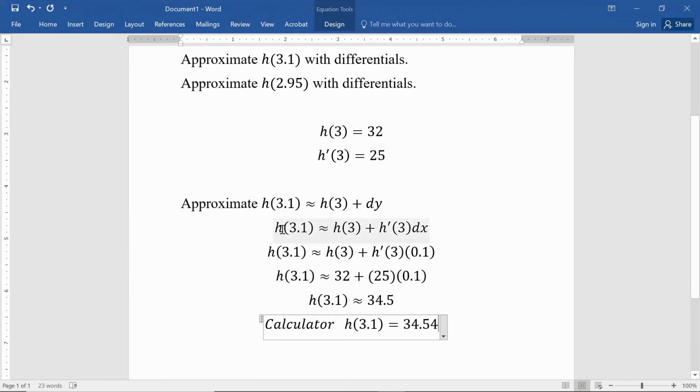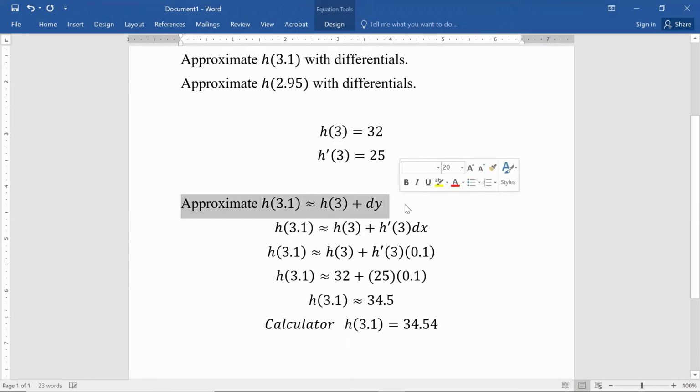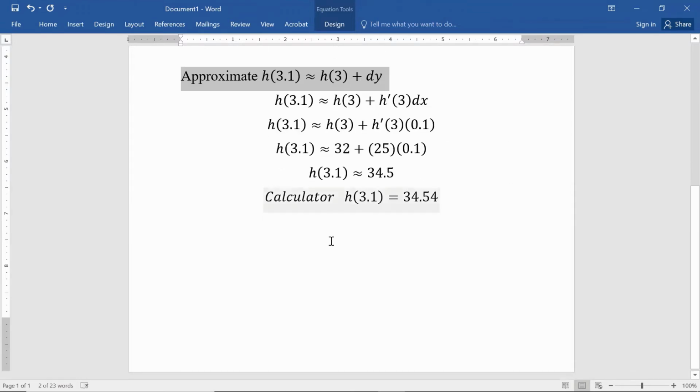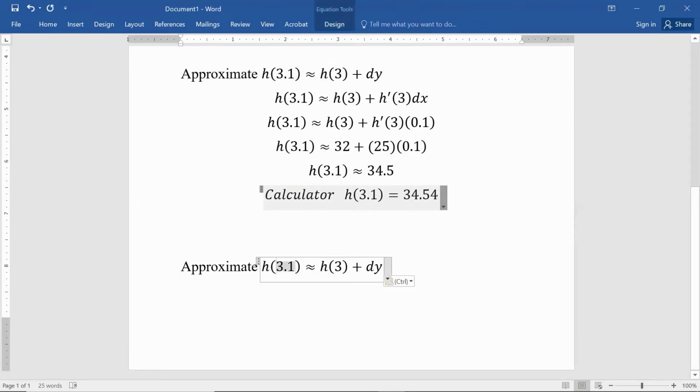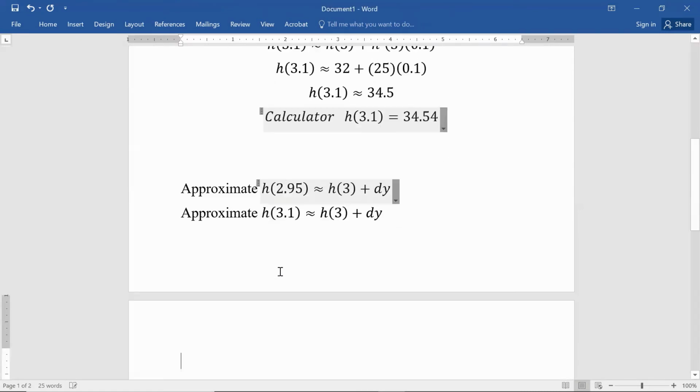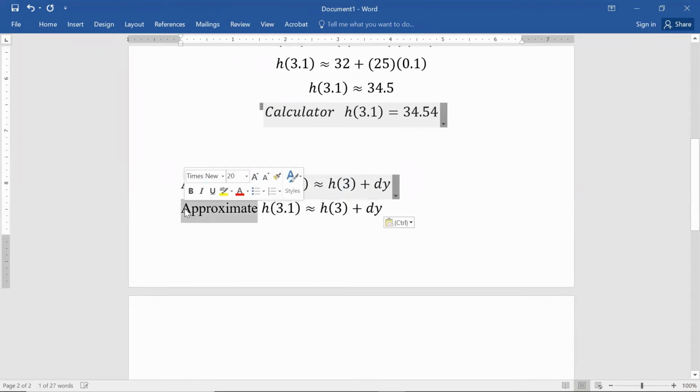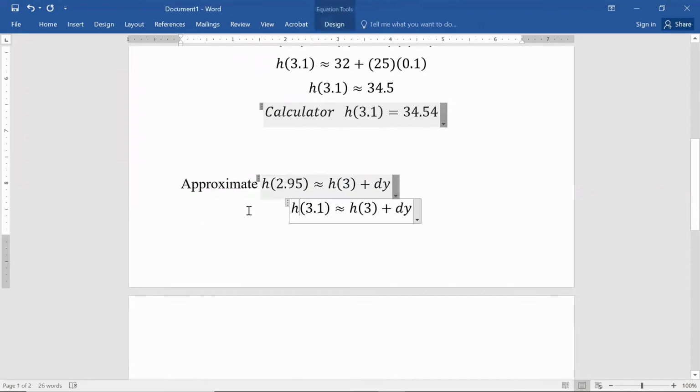The next question is h of 2.95. We're going to go through the same process of approximation for 2.95. In this case, we have to be very careful. We are still starting at 3, but in this case, we went down to 2.95.